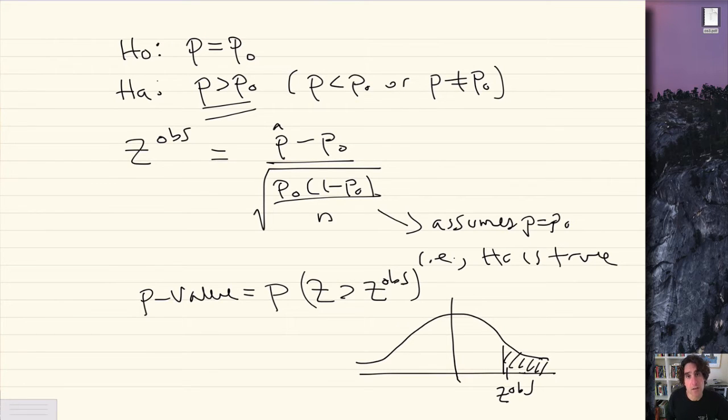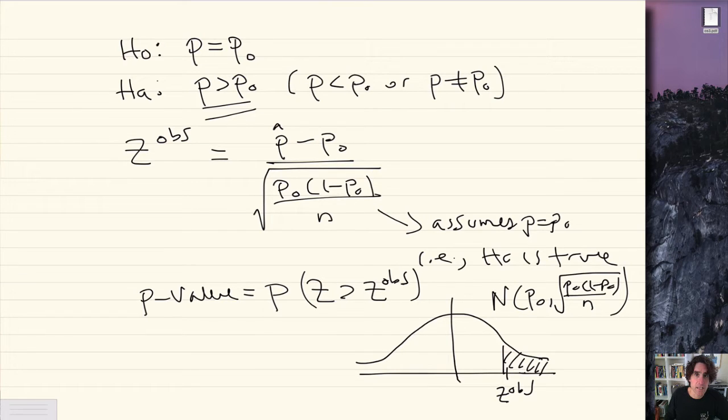Now if that area is very small, that means that under the assumption that the true distribution is normal with mean P0, standard deviation the square root of P0 times 1 minus P0 over N, then a value of Z observed greater than or equal to that value is not very likely under the assumption of that distribution. Therefore, that's evidence against the null hypothesis.